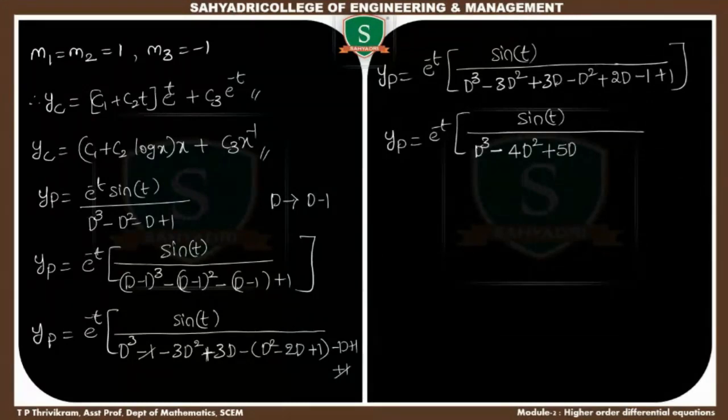Minus d is there, okay. Plus 2d minus d plus 1. Okay, so these two get cancelled, 4d will get.